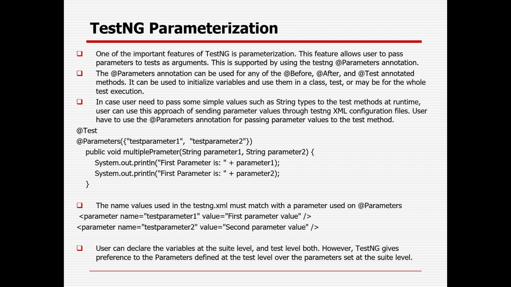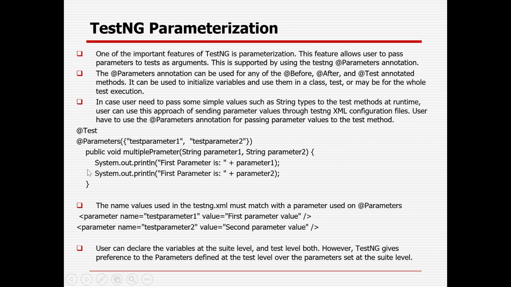This feature allows the user to pass parameters to tests as arguments. This is supported by using the TestNG @Parameters annotation. The @Parameters annotation can be used with any of the before or after test annotation methods. It can be used to initialize variables and use them in a class, a test, or the whole test execution. In case the user needs to pass simple values such as string type to the test method at runtime, the user can use this approach to send parameter values through the XML configuration file.